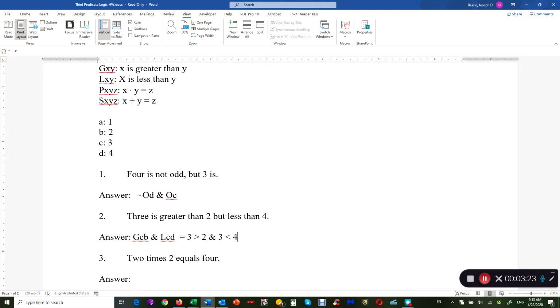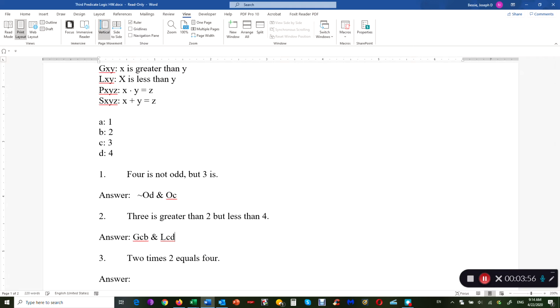We could write it that way, but we're using the letter G to stand for the greater than relationship, and we're letting the letter L stand for the less than relationship. And instead of using the numerals 3, 2, and 4, we're using C, B, and D as if they were numerals in this predicate logic symbolization.